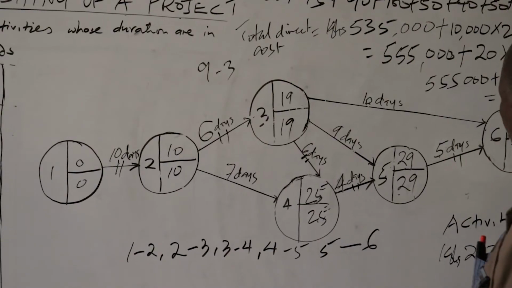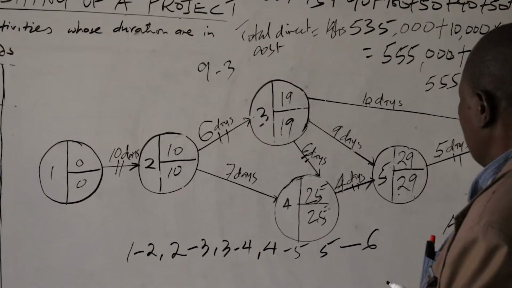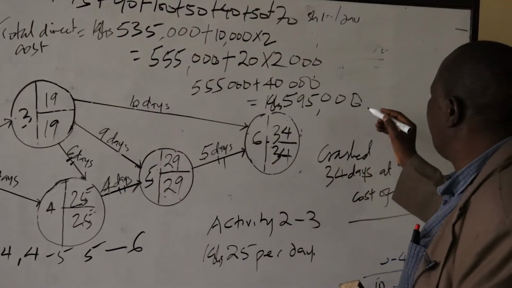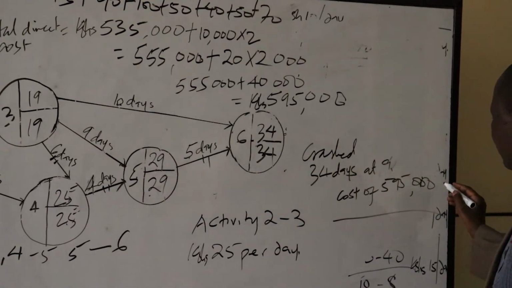Then we draw another network. But before we draw that, we know this cost is going to be added.